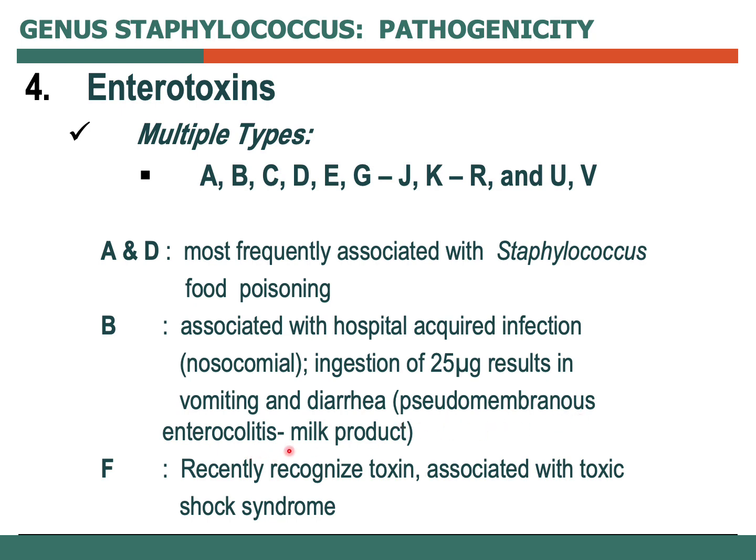Pseudomembranous enterocolitis is also present in Clostridium difficile infection. Your enterotoxin F is a recently recognized toxin which is associated with toxic shock syndrome. Toxic shock syndrome is another disease, and this is not associated with food poisoning.